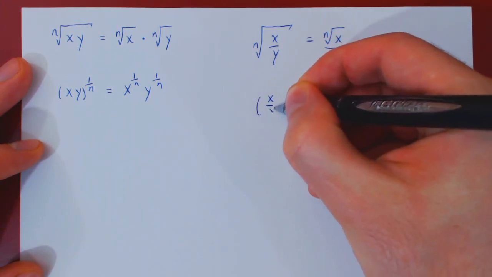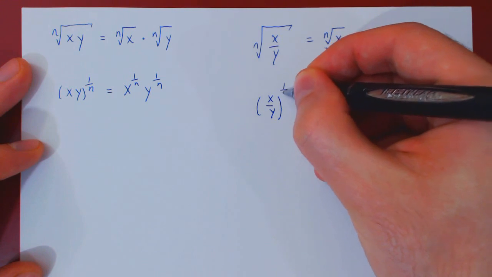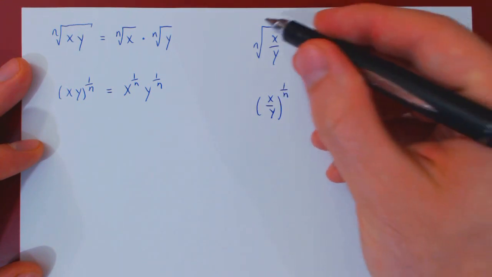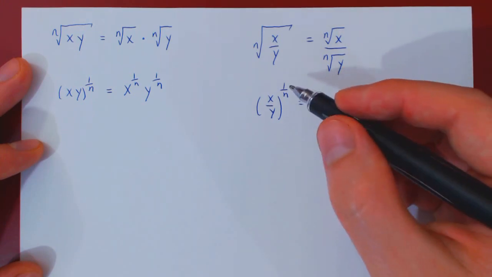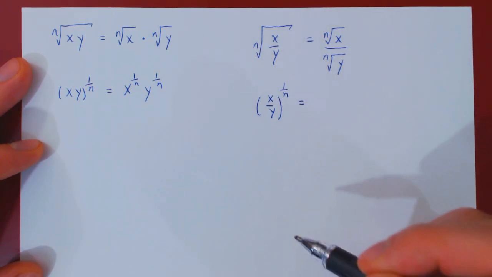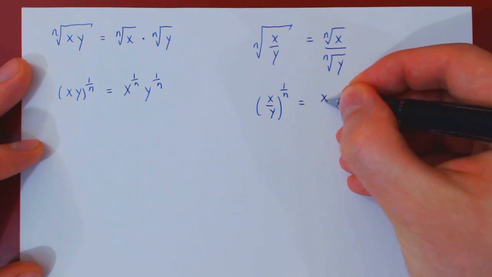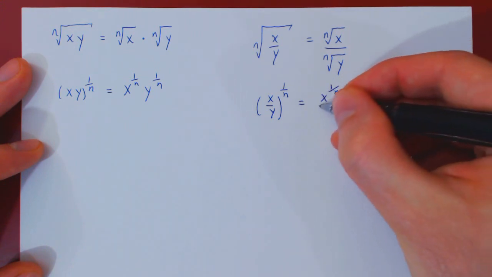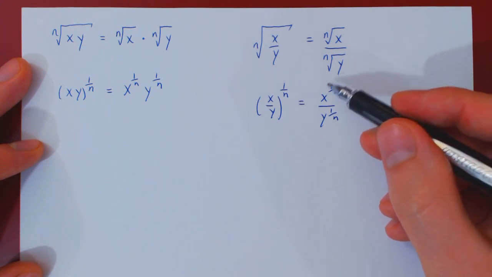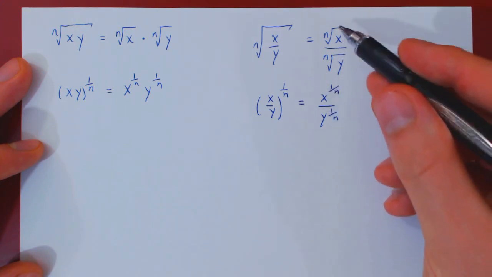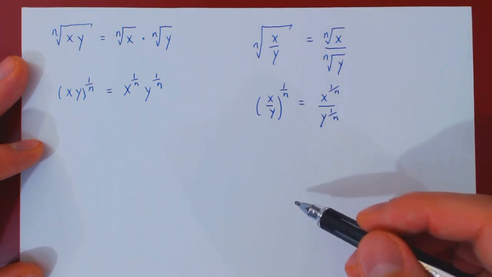So x over y to the 1 over n is the same as the nth root of x over y. We can apply the exponent onto each individual term of our quotient, so therefore x to the 1 over n over y to the 1 over n. And again, a power of 1 over n is the nth root of x, nth root of y.